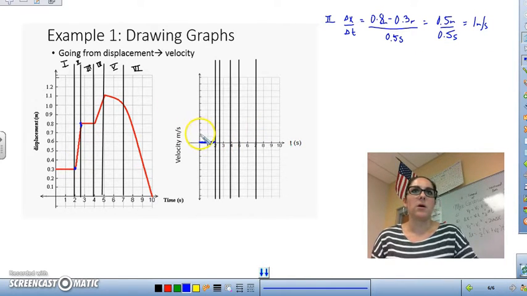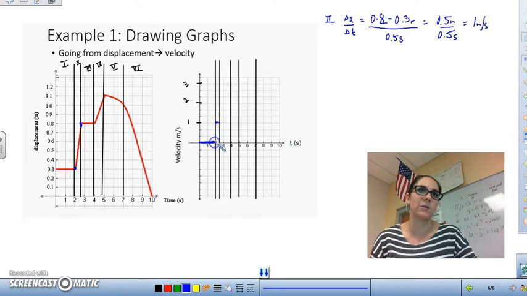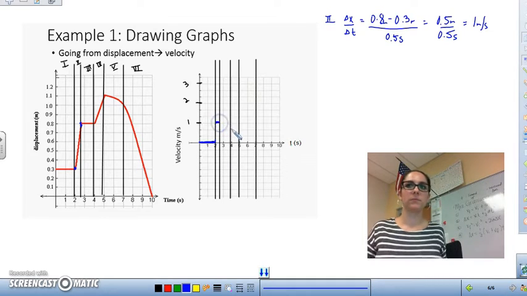I don't think this is going to go beyond 3, so let's make a label here: 1, 2, 3. I'm not going super technical here, just the main idea. So at 1 meter per second, we're here during that interval. Yes, there's going to be a jump because we go from not moving to basically jumping into motion. That's why this line is right here.